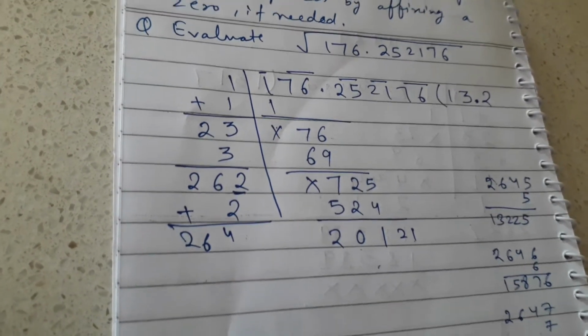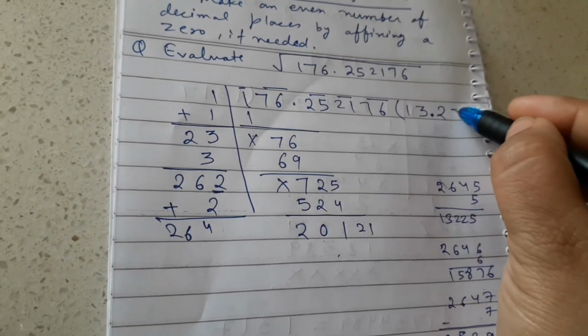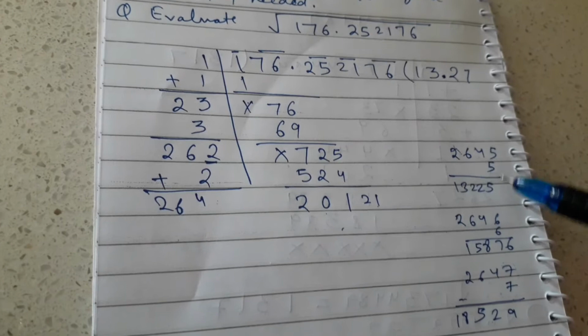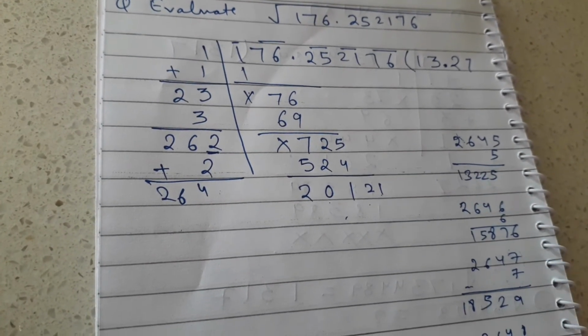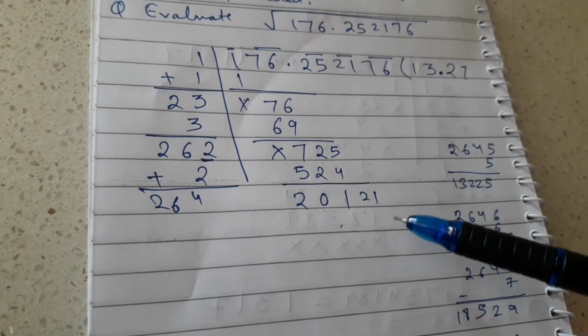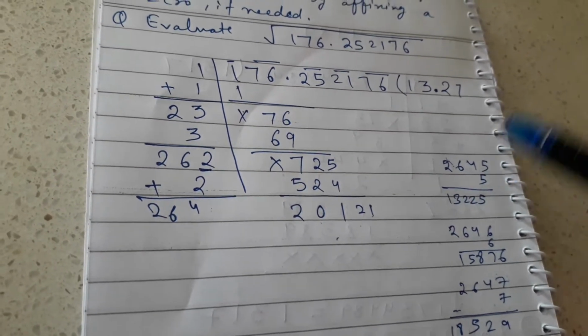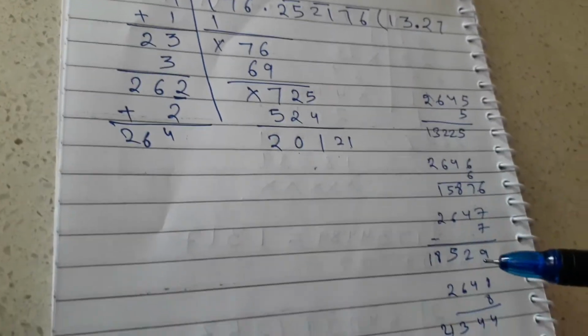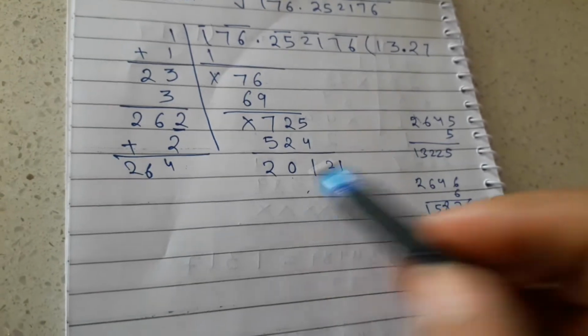This is coming more, so our required number is 7. We will put 7 here. Always check with 5. If it is less than the number, go ahead with 6, 7, 8, 9. If it is more than the number, then you will go with 4, 3, 2, 1. So after checking, 7 is our perfect number because it is almost closest to this number.